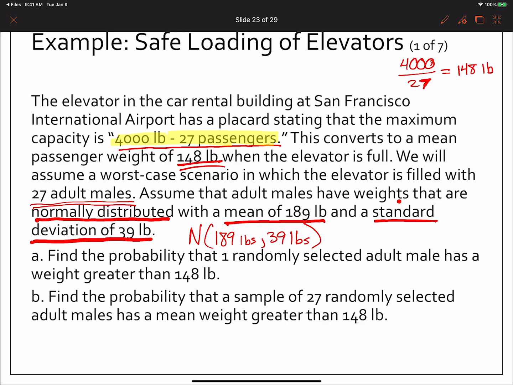The N tells us it's a normal distribution. Then first we put the mean, then we put the standard deviation. So that's adult males. This is the weights of adult males.